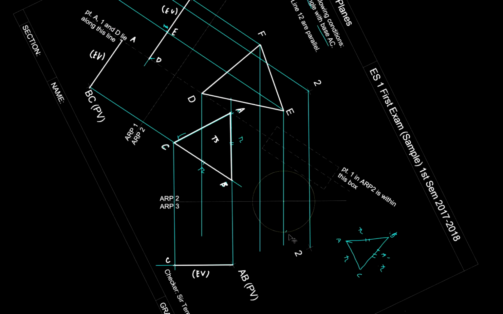Then ito yung location ni point E. And if I draw parallel line, yan yung location ni point D and point F. Okay? So, if I do this, final answer na to. This is point D, point F, and point E. And again, this is in the edge view, no?